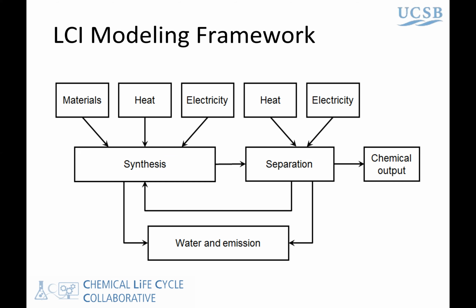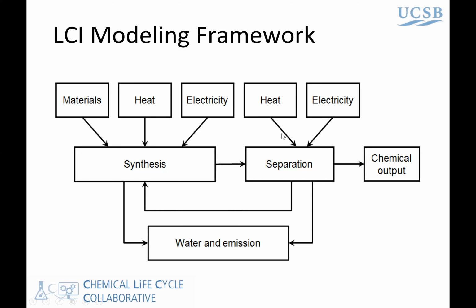If we want to get the desired products out of this mixture, we need to separate those chemicals. Some of the output from the reactor will be recycled back to the reactor, another part of the mixture will become waste, and the final output will be our desired chemical output.